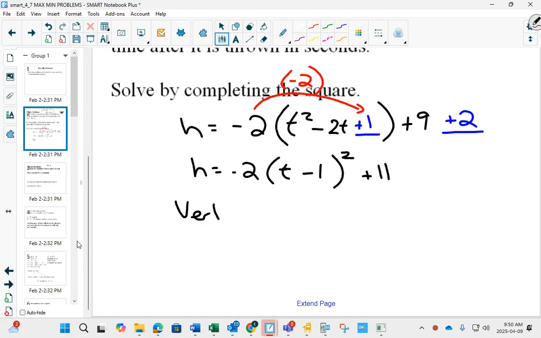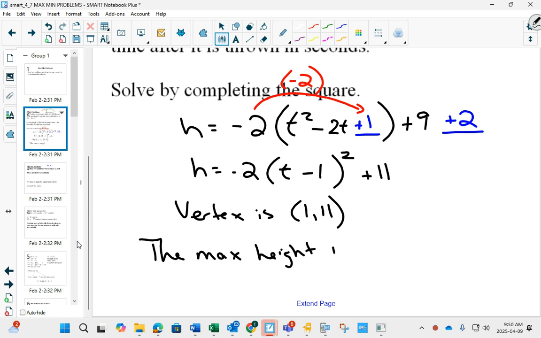So then our vertex is (1, 11). This is not necessary in the brackets, but it's just good because sometimes they'll ask this kind of question. Is time in seconds? Yes.